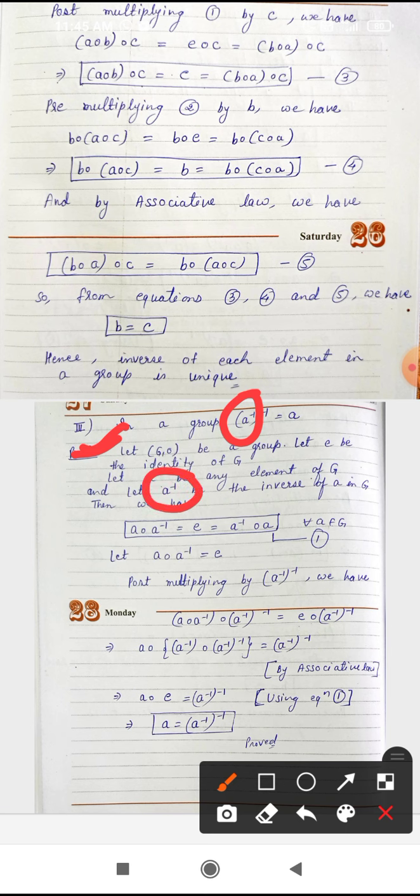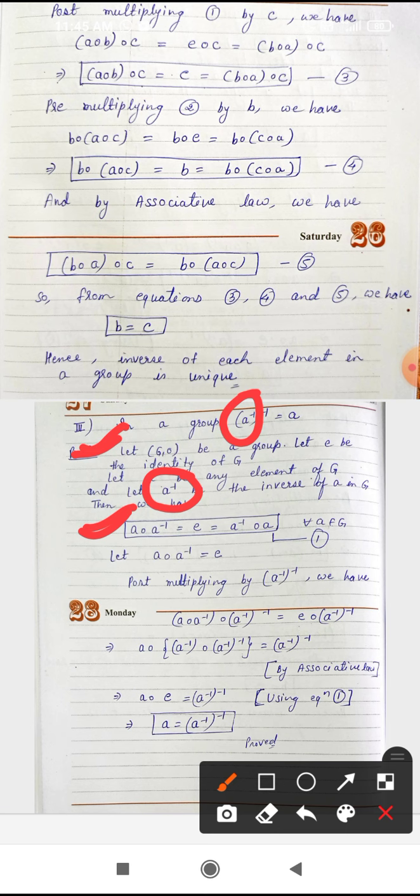Then we have a operation a inverse is equal to identity e is equal to a inverse operation a, for all a belongs to G. Give it as equation 1.